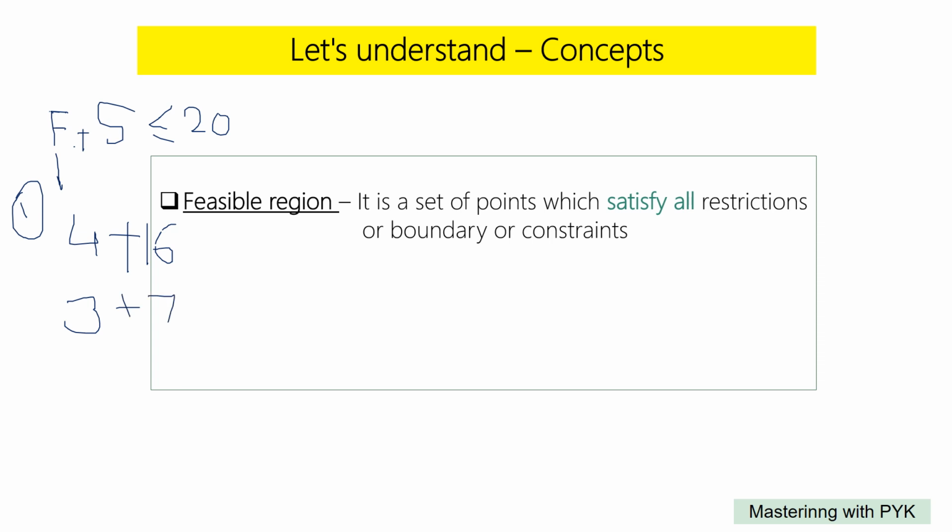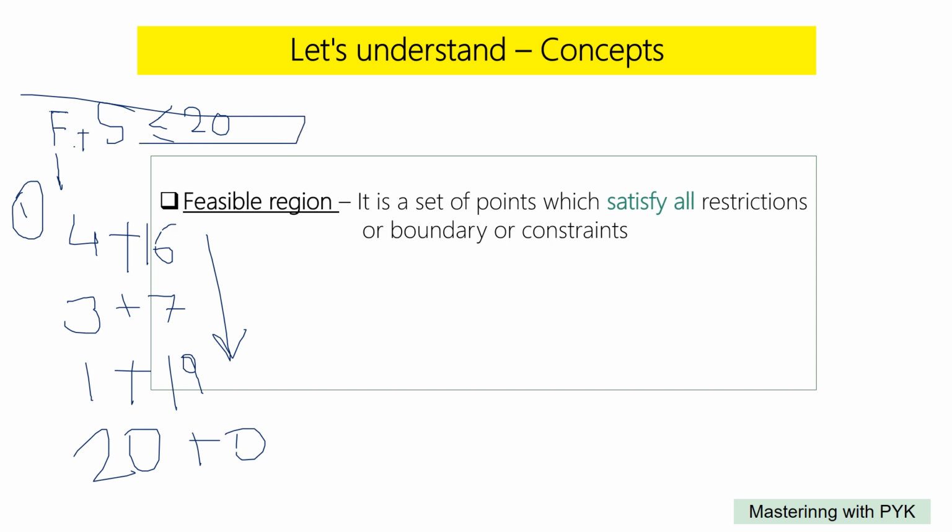It can be any number. These are all possible solutions. It can be 1 plus 19, or 20 plus 0. So there are a number of possible solutions. These are the set of points which satisfy our conditions, and they are known as the feasible region.